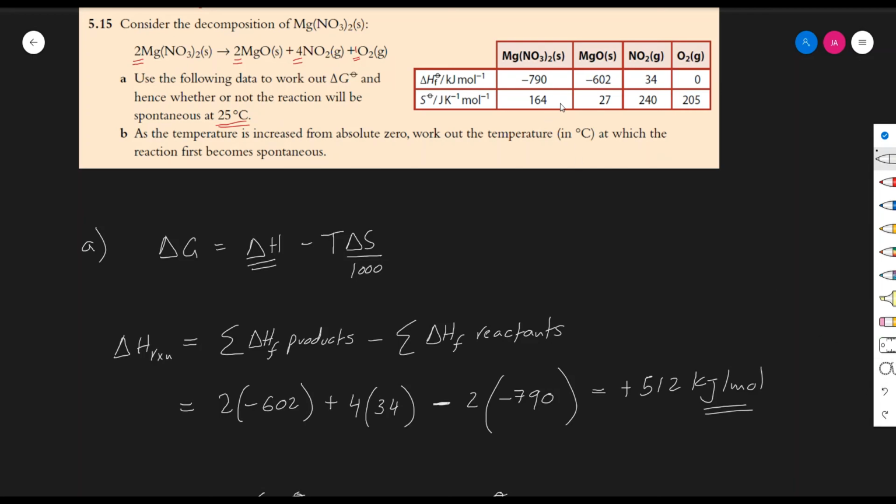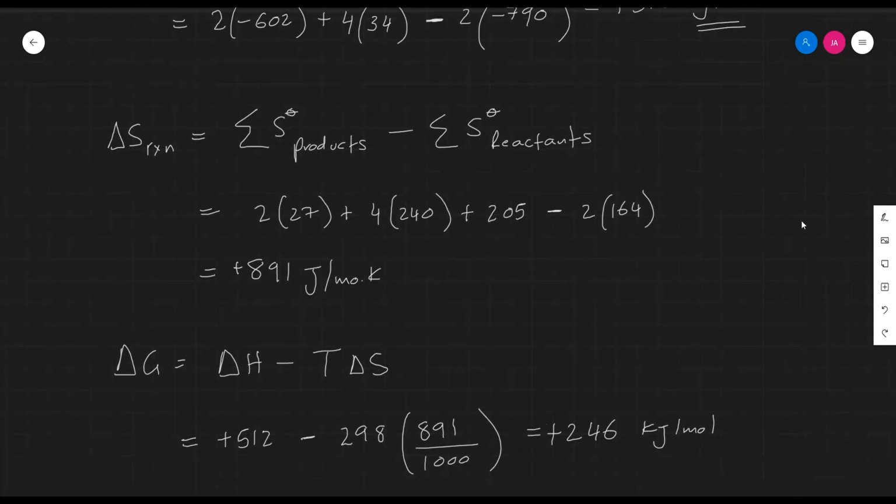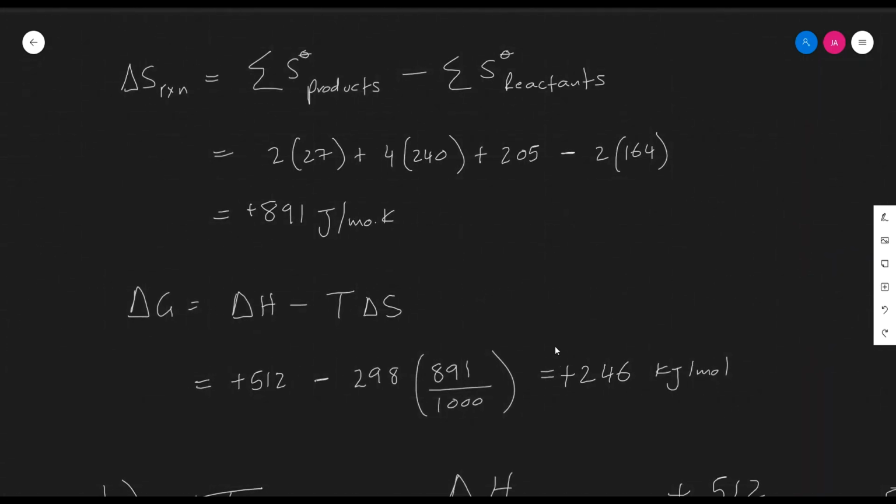The second step, using these values over here, I calculated the entropy change of the reaction, making sure to multiply their values by their molar ratios. Thus I multiplied the values of the absolute entropy of the products, which is 27, 240, and 205, by their molar ratios, and I subtracted the absolute entropy of the reactants multiplied by their molar ratio over here.